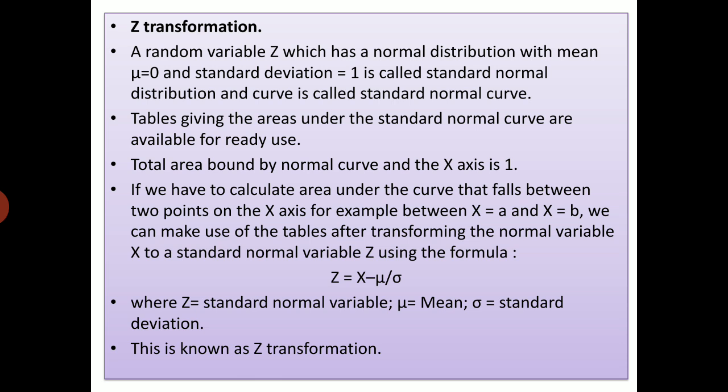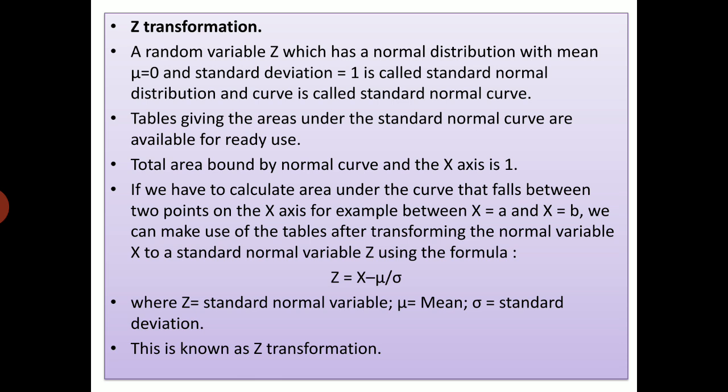If we have to calculate the area under the curve, just listen properly. If we have to calculate the area under the curve that falls between two points on the x-axis, for example between xa and xb, we can make use of the table after transforming the normal variable x to a standard normal variable z using the formula.